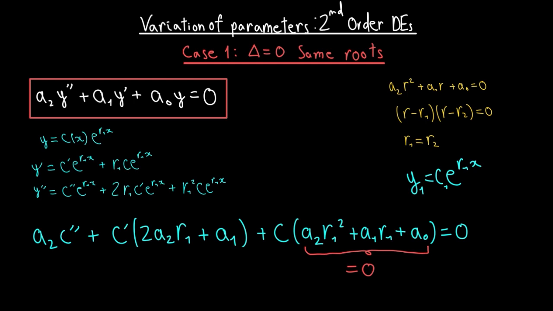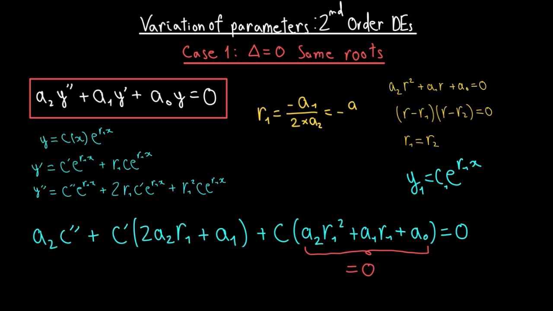And similarly, we know that r1 is equal to r2, and the discriminant is equal to 0. And what does it mean for the discriminant to be equal to 0? Well, it means that r1 can be written as negative the middle coefficient, a1, over 2 times the coefficient over here, a2.